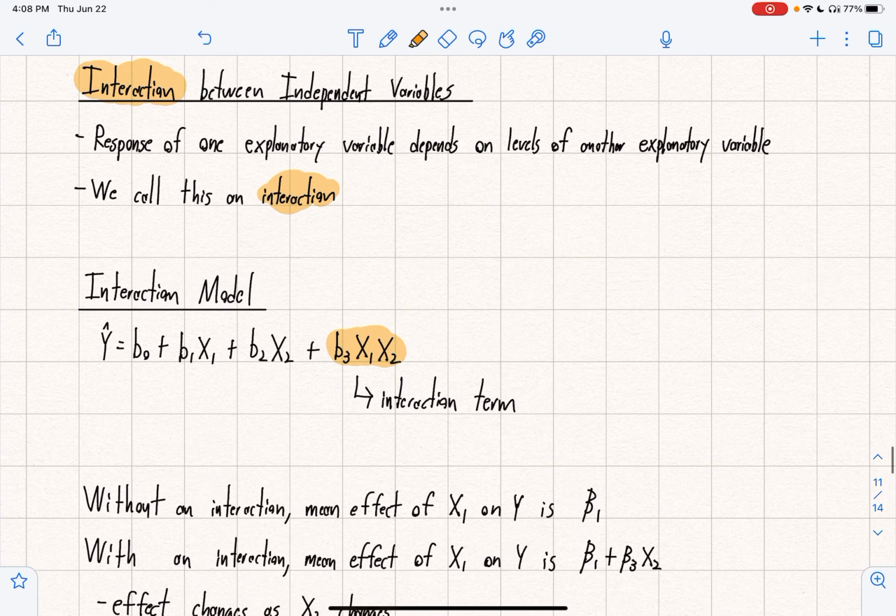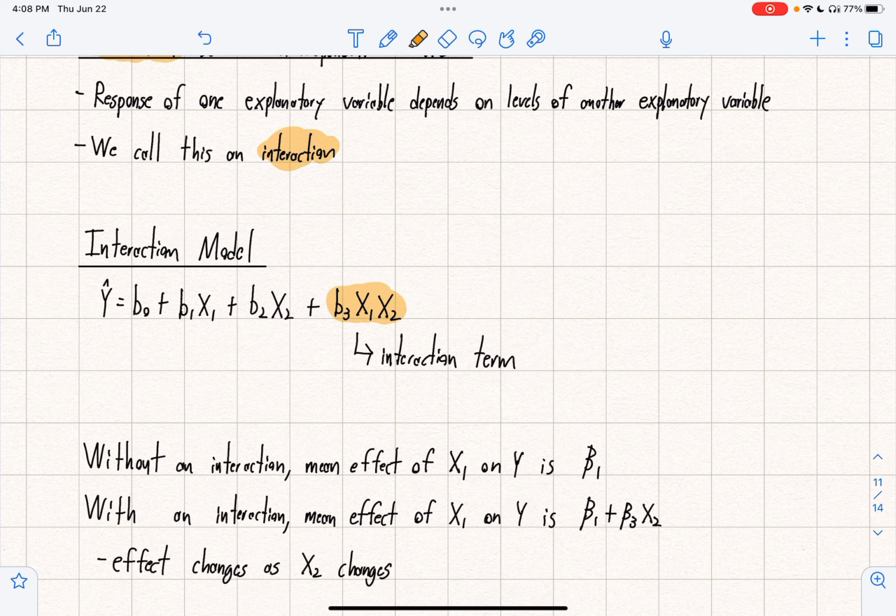So what that means is, without an interaction, the mean effect of x1 on y is just beta 1, right? It would just be b1 times x1. That's the effect of x1. But that's not the case in the interaction model. With an interaction, the mean effect of x1 on y is actually beta 1 plus beta 3 x2, because x1 and x2 are linked in this final coefficient.